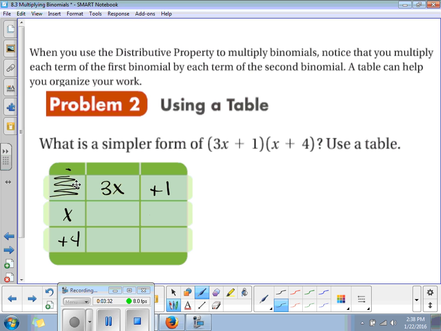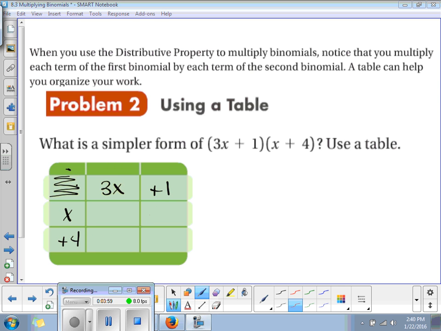You know in elementary school when you had those multiplication tables, and you went this one times this one, and your answer was right here. That's the same thing.